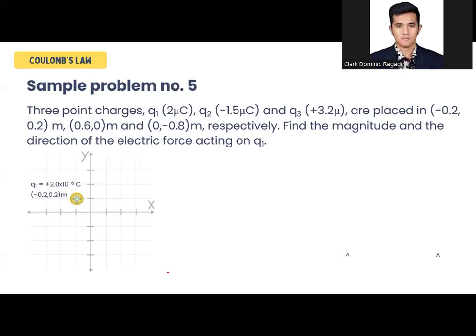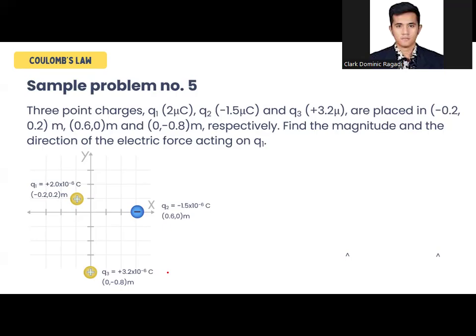Another charge is negative 1.5 microcoulomb, or negative 1.5 times 10 to the power of negative 6 coulomb, located at 0.6, 0. And the third charge, located at 0, negative 0.8, is 3.2 times 10 to the power of negative 6 coulomb.